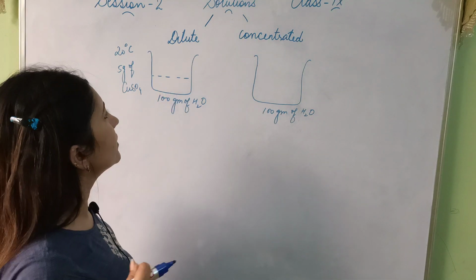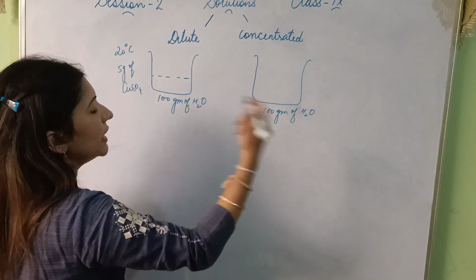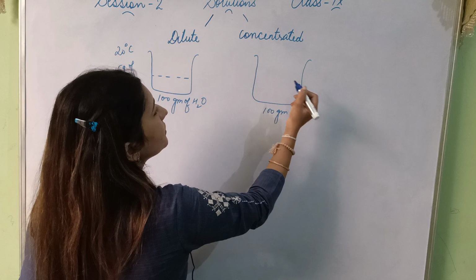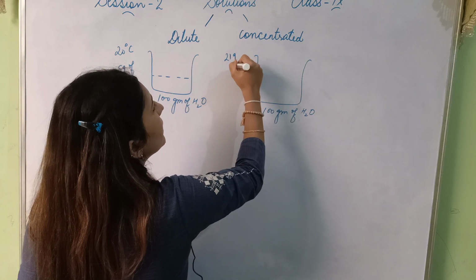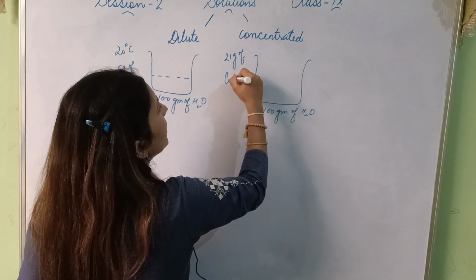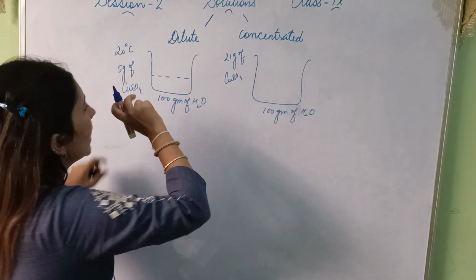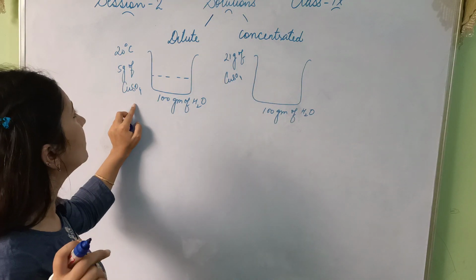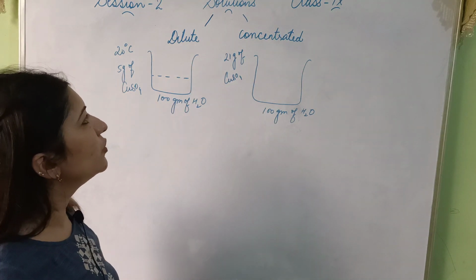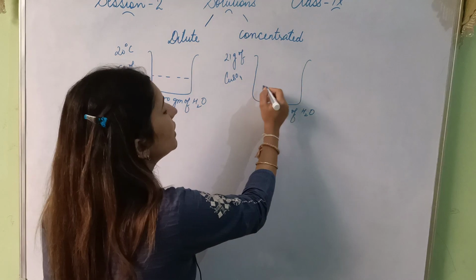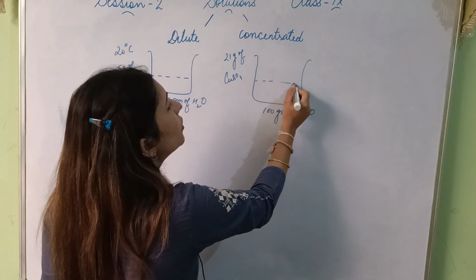I'll quickly stir the solution, and in the next beaker I dissolve approximately 21 gram of copper sulfate. Here I have taken a spatula full, or a spoon full, of copper sulfate and dissolved it in 100 gram of water. What do I observe?